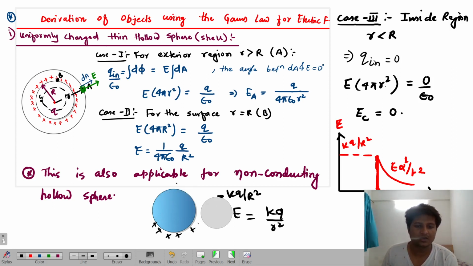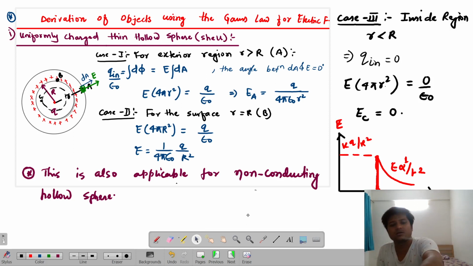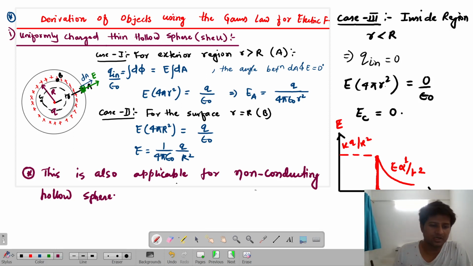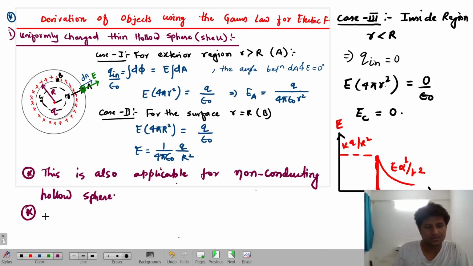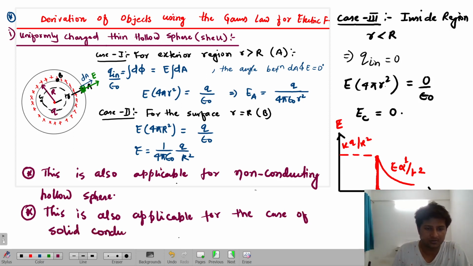So simply we will write that this is also applicable for the case of a solid conducting sphere.